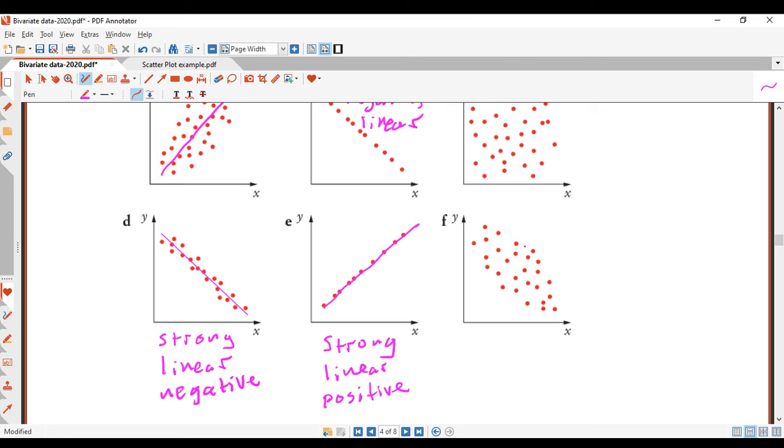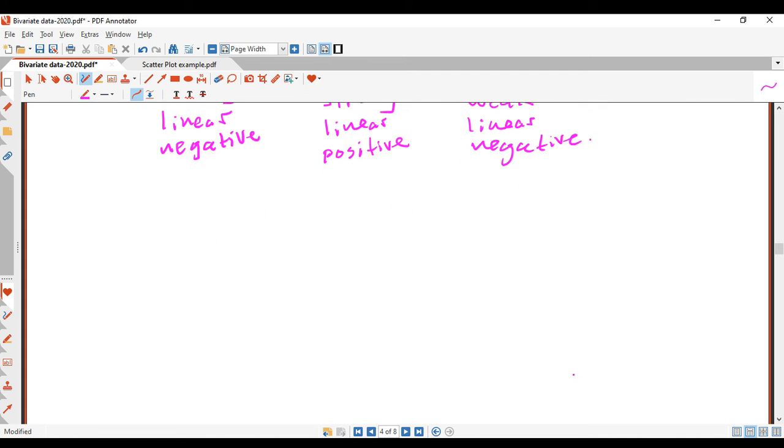And this one here, this is the opposite of the first example, basically, isn't it? You've got some sort of straight line going through here. So we'll say it's a weak correlation. It's linear. The line is a negative gradient, so negative. Okay. All right, let's move on.